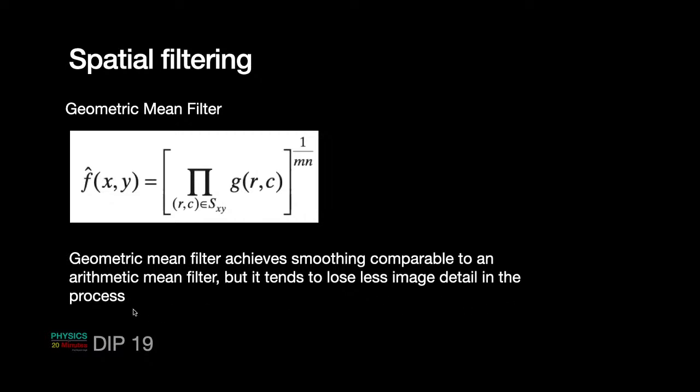You had just seen that in the arithmetic mean filter, the detail loss was quite considerable. Also think about many other parameters, and one important thing to think about is what happens if a particular pixel is 0, then the entire product will become 0. So do think what could happen to the image at that point.